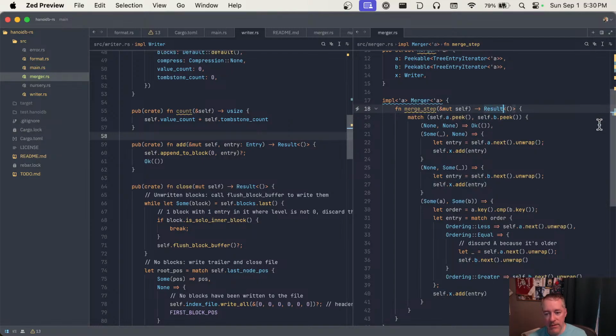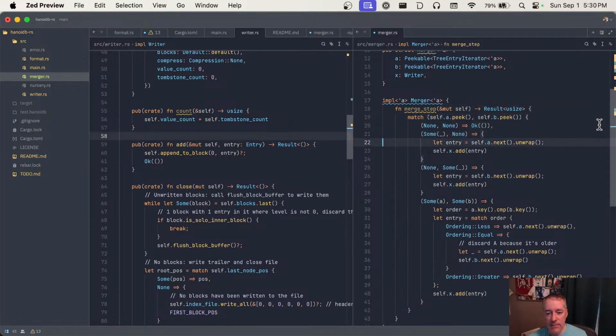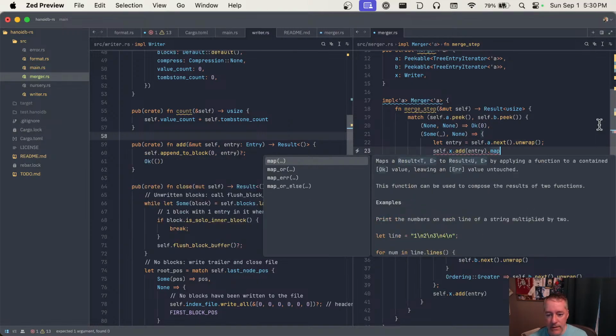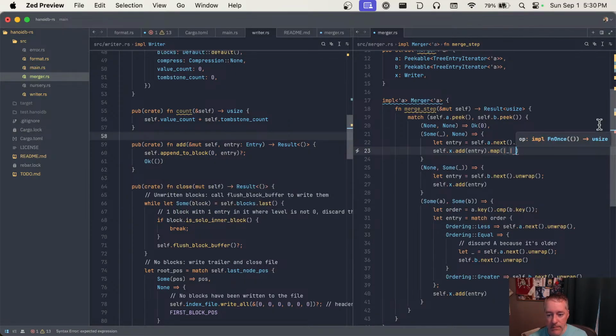So I think that this is going to have to be usize, and in here it's going to be Ok 0. And here it's going to be 1 as well here.